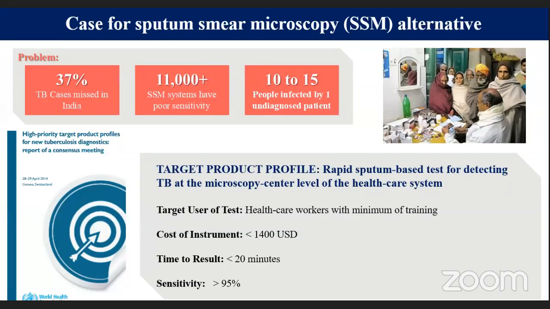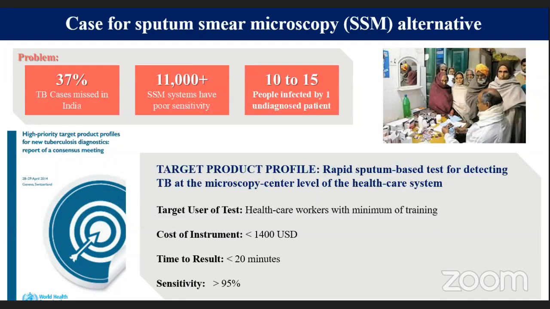You can see that despite all the good efforts by governments and WHO, there are many cases which are being missed, or missed every time they are diagnosed, due to the sensitivity of the equipment. And one such person who has been missed for diagnosis infects around 10 to 15 healthy individuals over a year, while coming into contact with healthy individuals in the community.